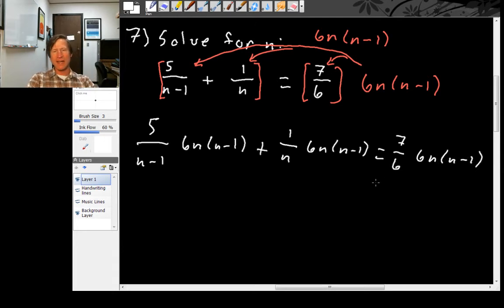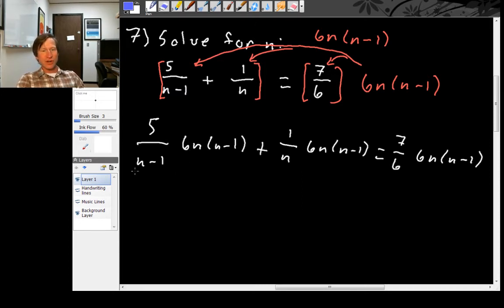It's sort of a lot of writing. You don't necessarily need to write this step out completely. I'm doing it just so that you can see how everything cancels. Because a lot does cancel here. Indeed, that's the whole reason we multiplied by the least common denominator.